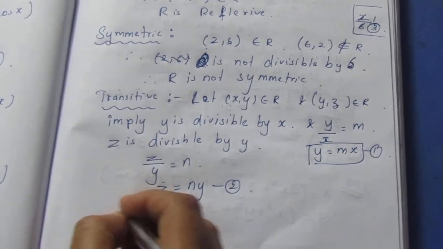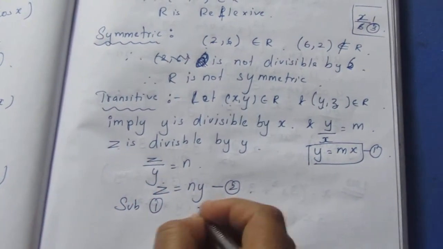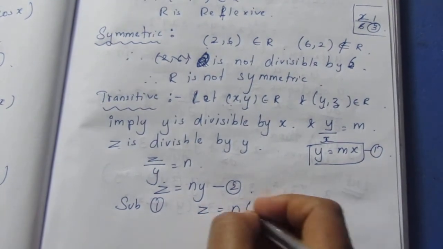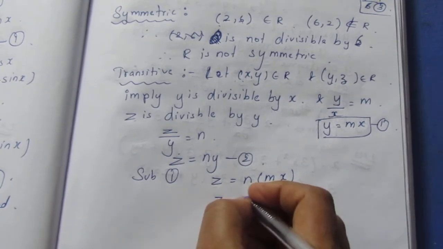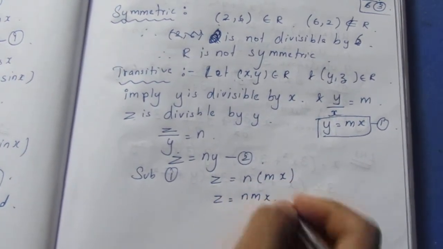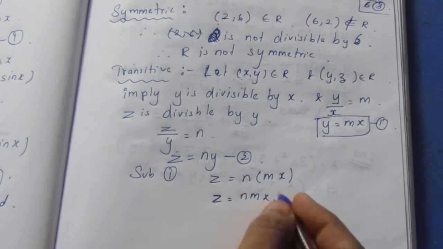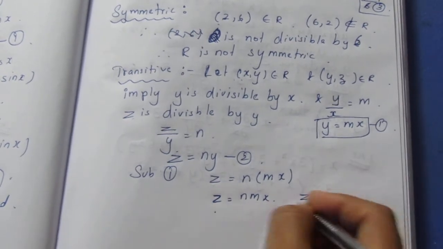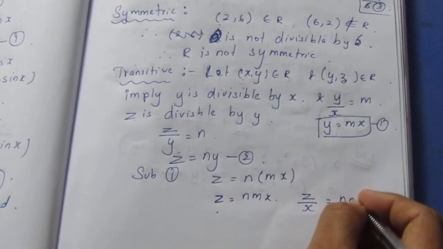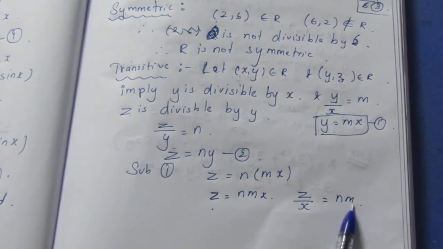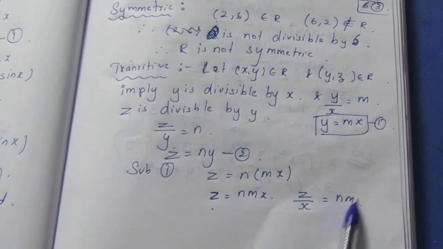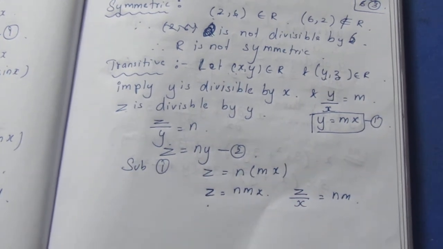So here substitute 1, it becomes z is equal to n into mx. We can also write that z equal to nmx. So that means if I bring x to this side, z by x is equal to nm. This shows that there is no denominator here. This is completely divisible and we are having only numerator.